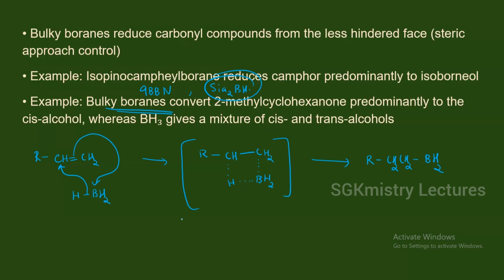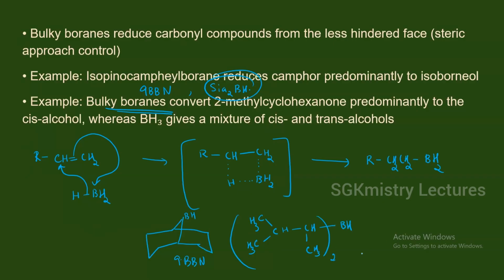Now this is the structure of 9-BBN. BH, this is 9-BBN. So bulky boranes. Again, if you're talking about disiamylborane, this we have already come across. So CH3, here CH, CH, the siamyl group.